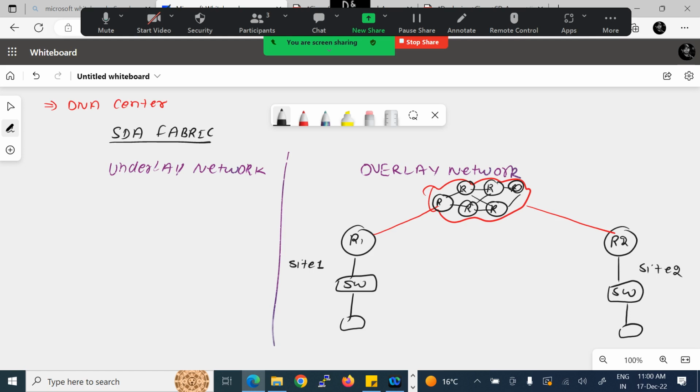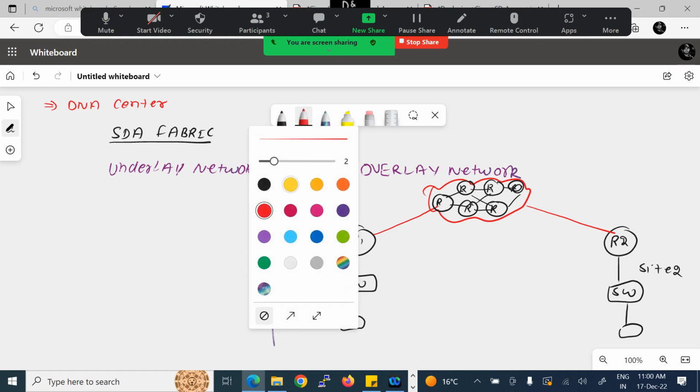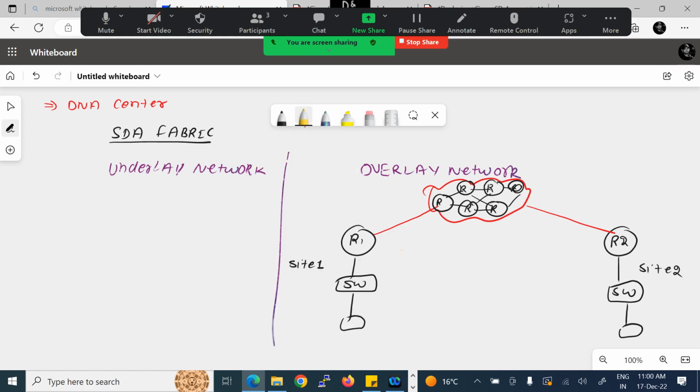So in this case, I'll create a virtual private network from this side to this side. So what is this VPN?